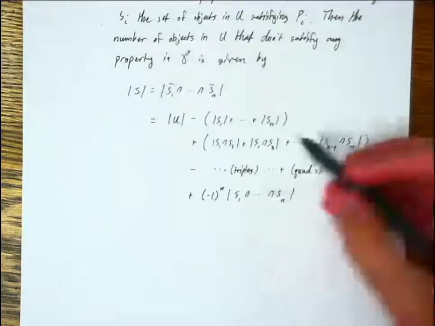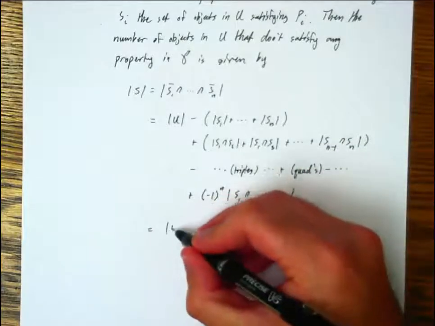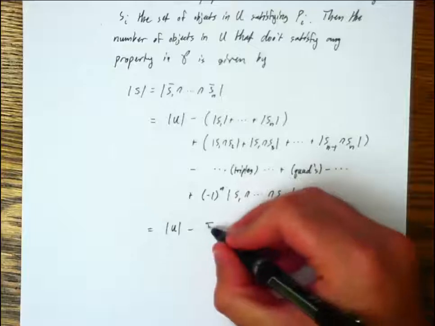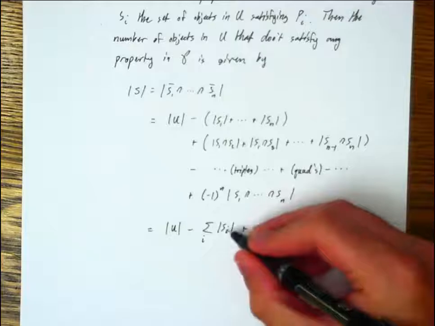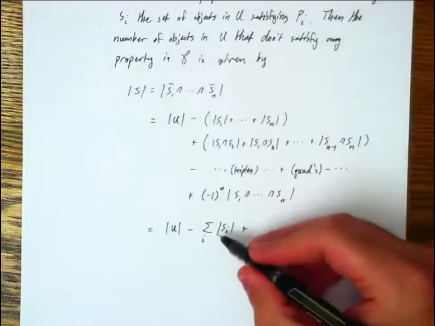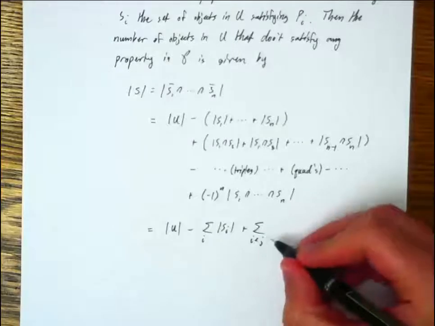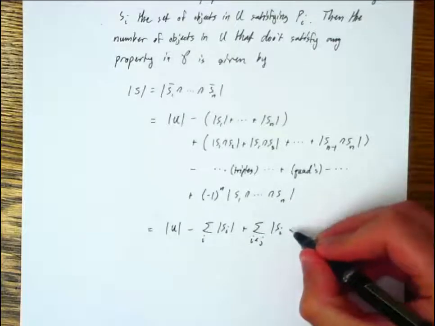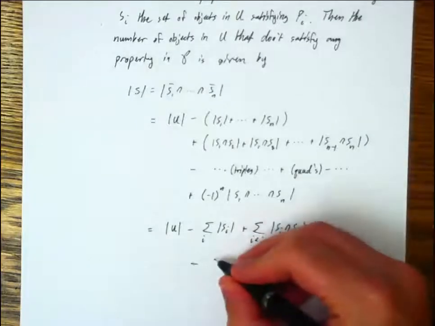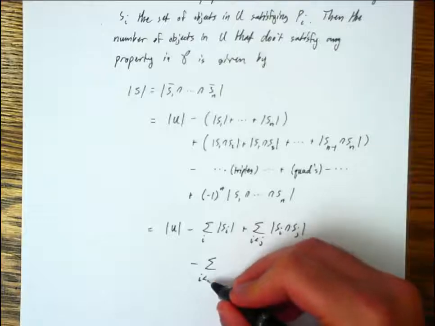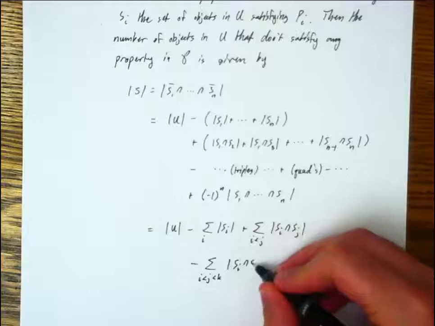Okay? Now, this is kind of cumbersome to write. So sometimes you see this abbreviated. In fact, much of the time you see it abbreviated thusly. So you're summing over all the i's of all the singleton sets, so you're subtracting out that entire sum. And then you're going to add back in, for i less than j, the pairwise intersections. Then on the next line, you're going to take out i less than j less than k, the triple intersections.